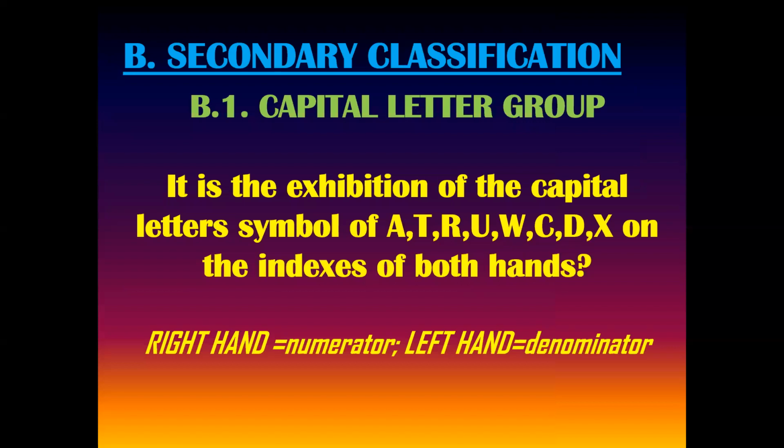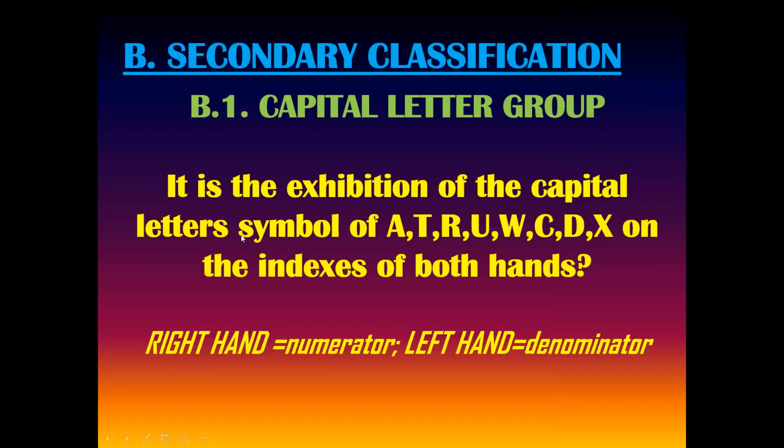And then of course we have the secondary classification. The secondary classification is the provision of the corresponding letter symbols for the indexes of both hands for the capital letter group, and the rest of the digits for the small letter group. Now for the capital letter group, it is the exhibition of the capital letters, meaning the big letters.